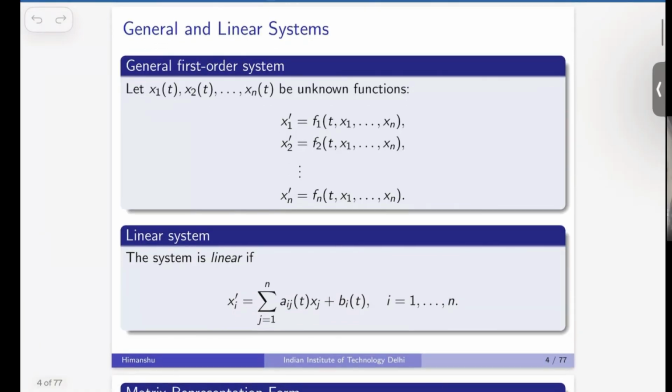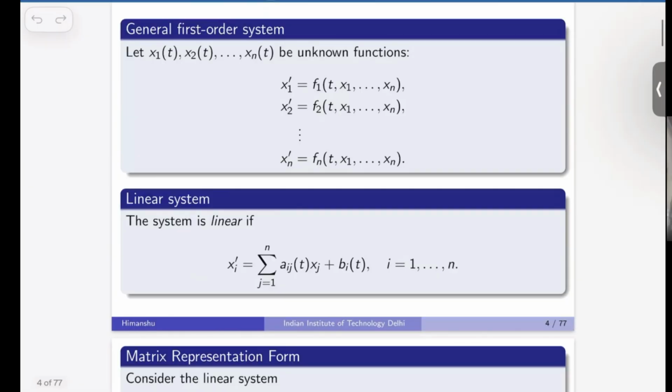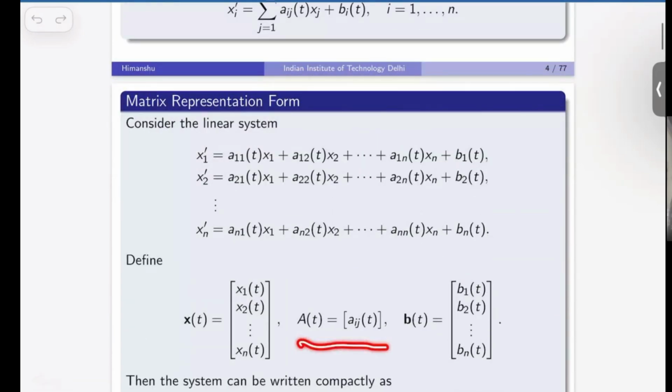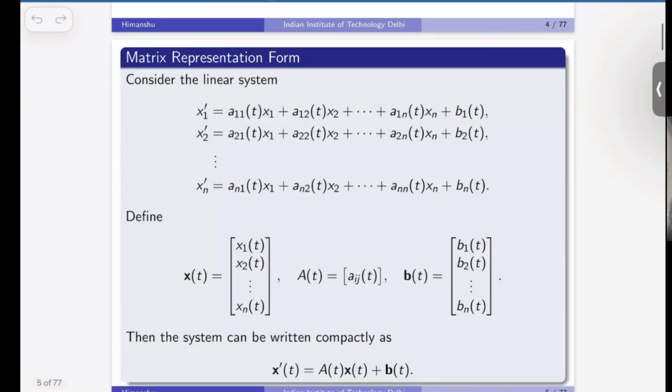Let's write it in this form, and we can write it in the matrix representation form in this way. I hope everyone knows this representation of a system of linear differential equations. Generally this type of representation is more seen in questions.